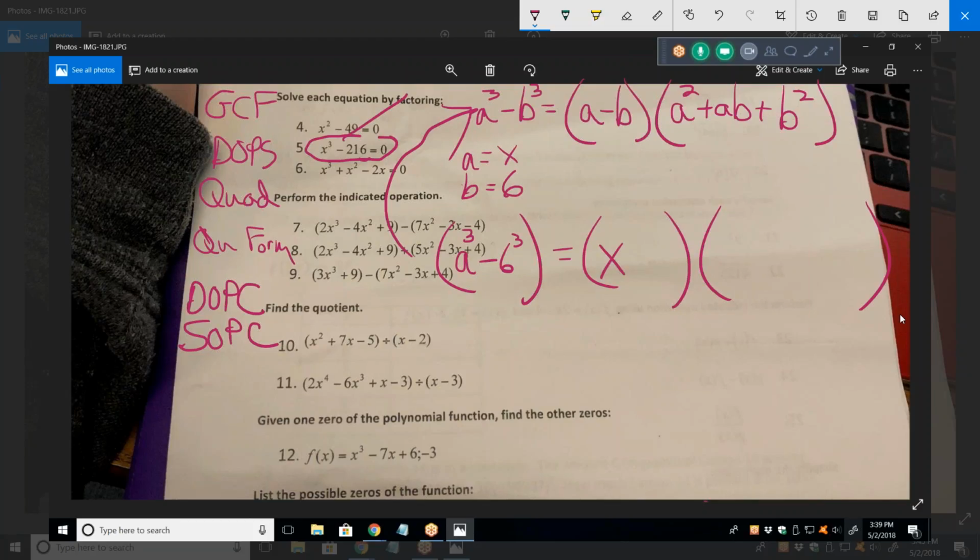Good. What's the rest of it? It's a squared. It would just be x squared. Keep going. x squared plus 6 times x, I mean 6x, and then plus b squared. Oh wait, no, plus 6 squared, which is 36. So there's your answer.